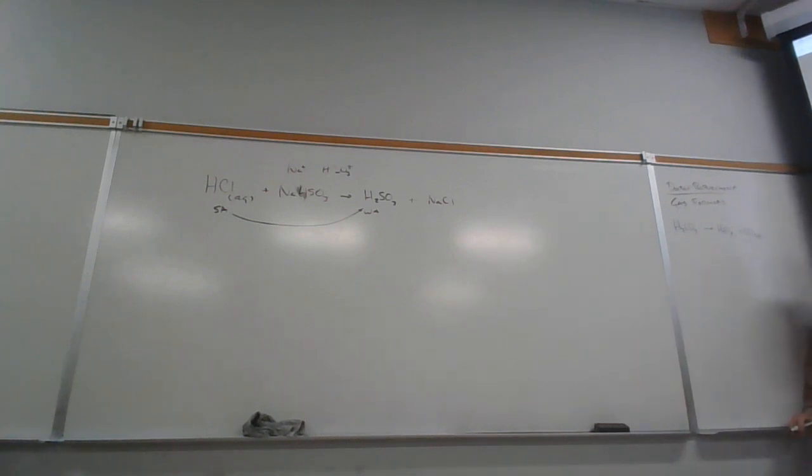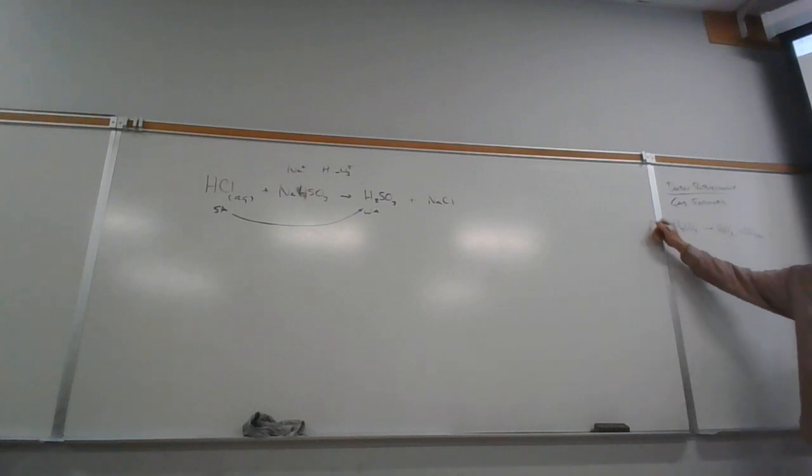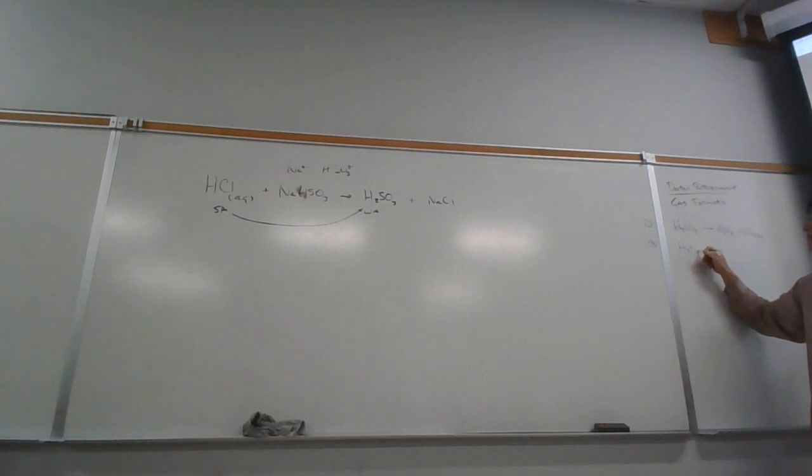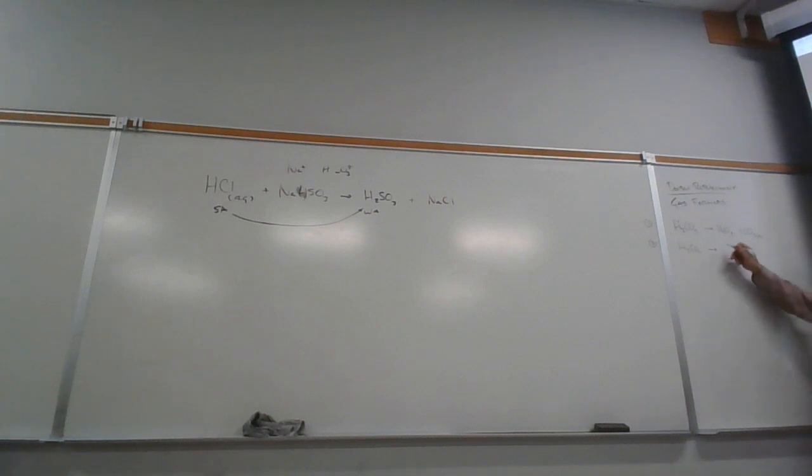But there are 3 that people have to memorize. So this is 1, and 2 is sulfurous acid. Sulfurous acid, like carbonic acid, is not so stable. And so sulfurous acid decomposes into what? What do you think it decomposes into? It decomposes into H2O liquid and sulfur oxide.